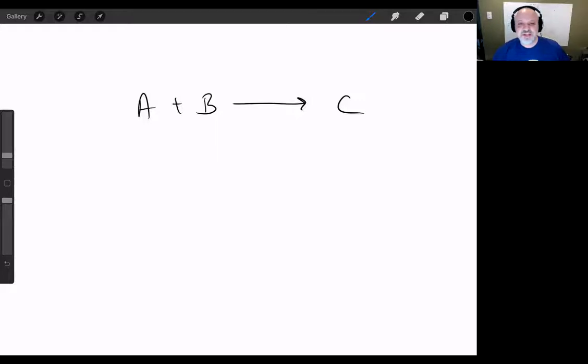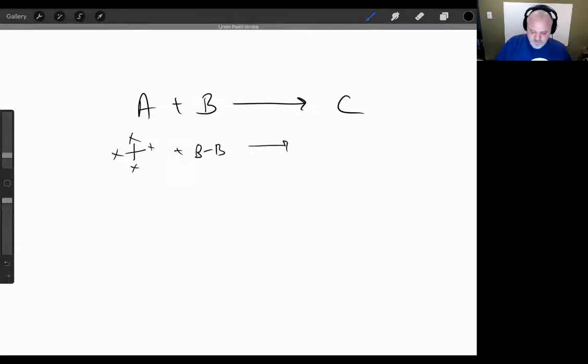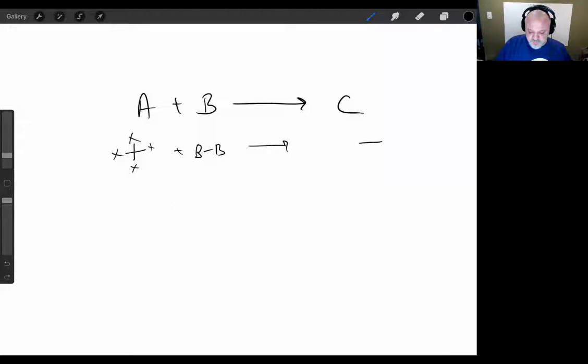That energy change typically manifests in a temperature change, and the energy actually comes from the bonds. So we think that A and B are molecules that have bonds. And if we create a new molecule, and remember, I'm just making things up here, guys, if we create a new molecule that has new bonds, then there were some bonds that were broken and some bonds that were made.